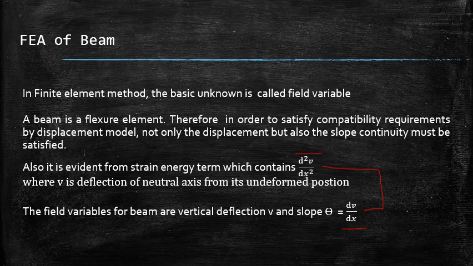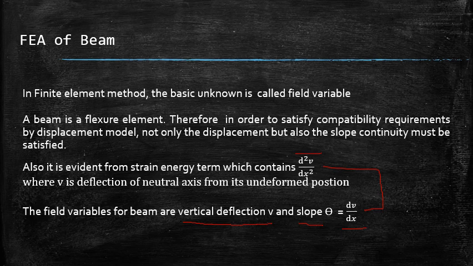Now vertical deflection, no doubt it is a field variable. That is the basic unknown we want to decide. Once we decide this vertical deflection, we can then decide the derived quantities. And with this vertical deflection, we will also take dv by dx as a field variable. So this dv by dx is called slope, and vertical deflection, that is v.